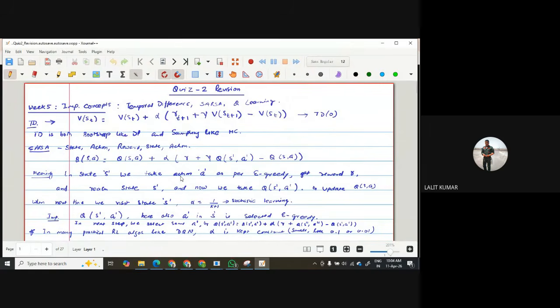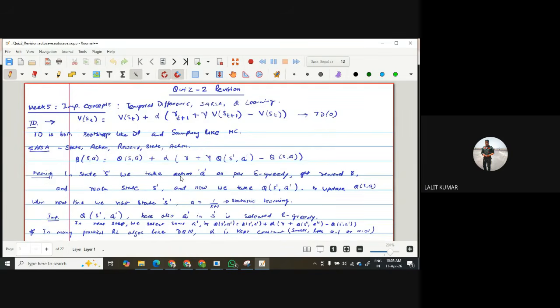So week 5 basically covers TD, that is temporal difference, and thereafter it covers two main algorithms of TD, that is SARSA and Q learning. Coming to temporal difference, we try to estimate the value at S_t, considering the reward of the next step and the next state we reach.